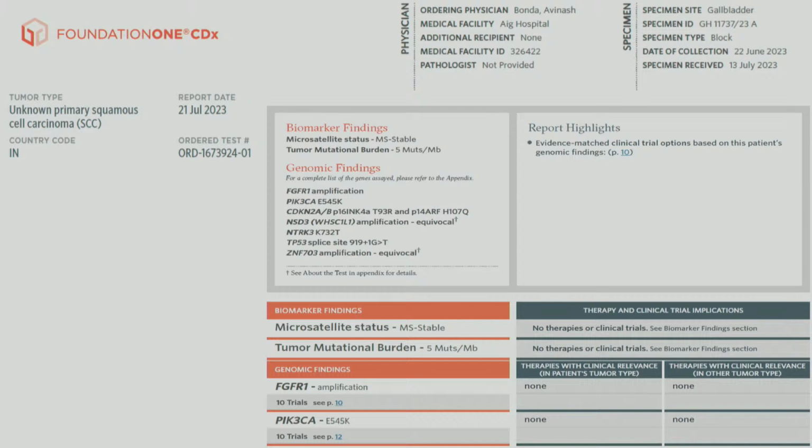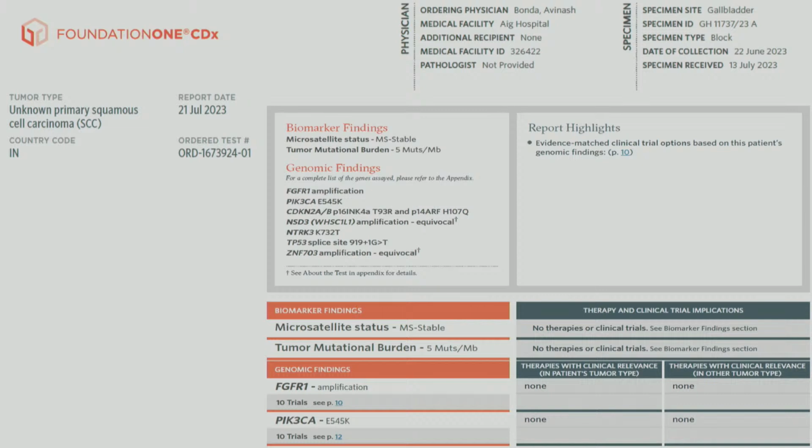Normally, we have adenocarcinomas in the gallbladder. Very rarely do we get poorly differentiated ones.